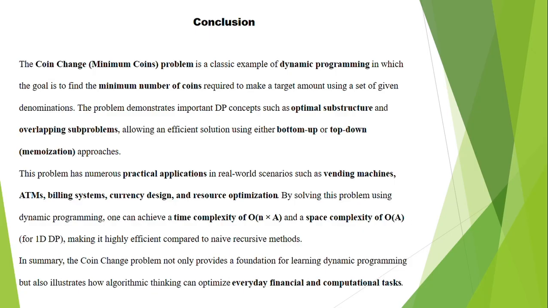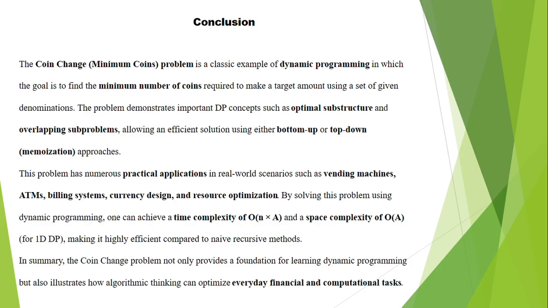So here's the final part, the conclusion of our program. The coin change minimum problem is a classic example of dynamic programming, in which the goal is to find the minimum number of coins required to make the target amount using a set of given denominations. The problem demonstrates important DP concepts such as optimal substructure and overlapping subproblems. This problem has numerous practical applications in real-world scenarios such as vending machines, ATMs, billing, and currency systems.